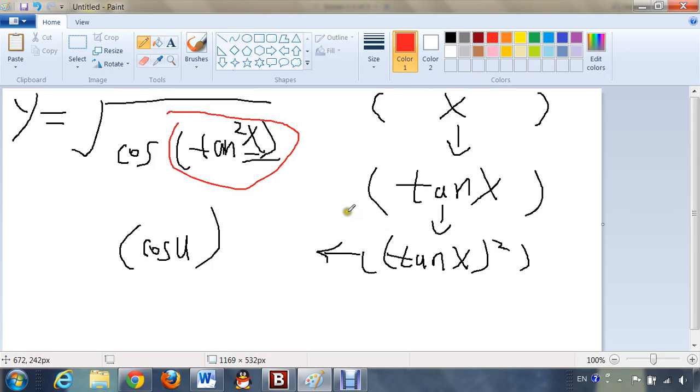So what happened is, you just take the derivative of each part and then you multiply them together at the end. This is just a matter of style, whatever style you want.